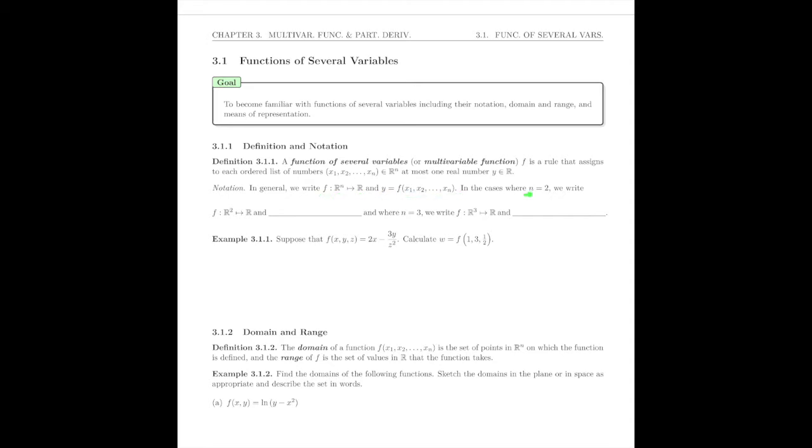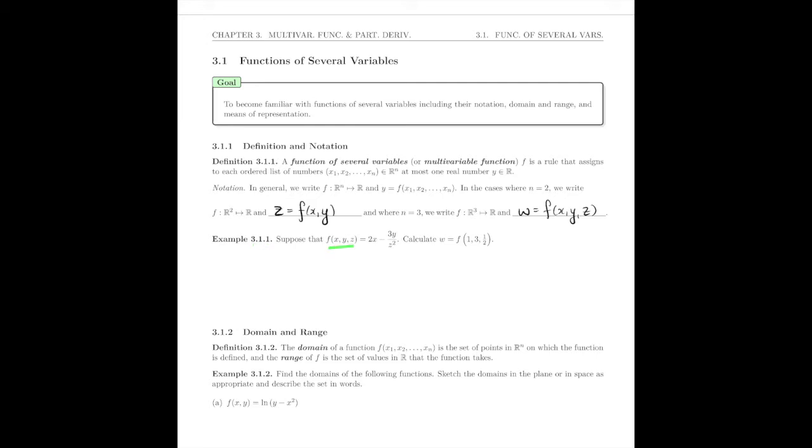In the case when n equals 2, we write f goes from R2 to R, and typically we would write z is f of (x, y) instead of using subscripts. And when n equals 3, we write f goes from R3 to R, and very typically w is f of (x, y, z).